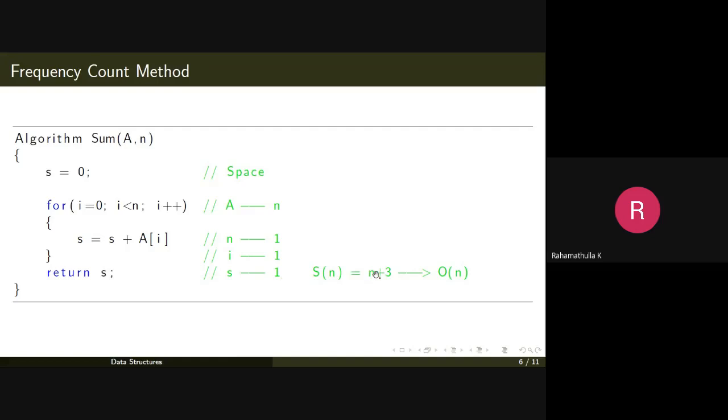So the total is equal to n plus 3. Once again, it is linear in n, so the space taken by the algorithm is order of n. So this method is known as the frequency count method of analysis.